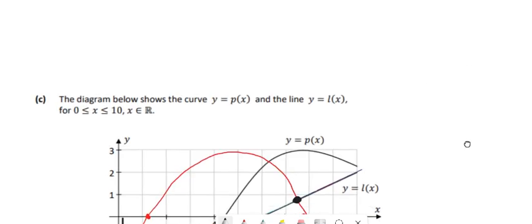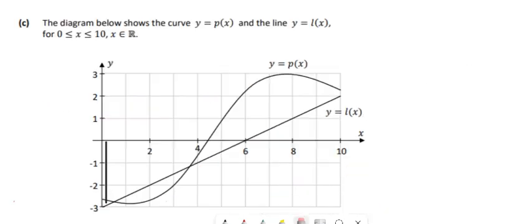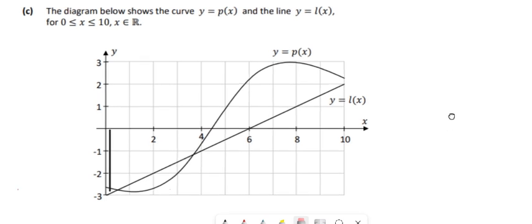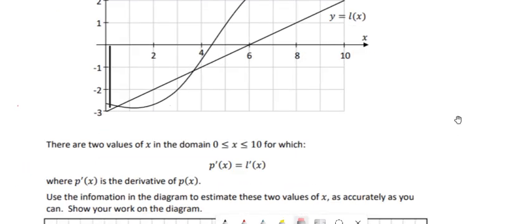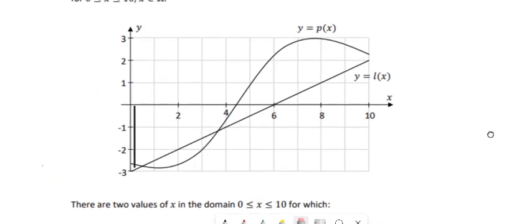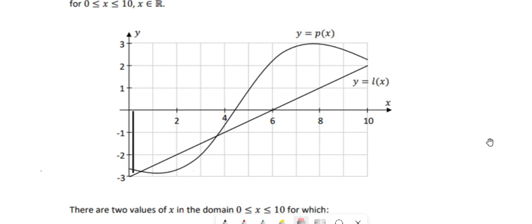Right, last part then. You could go and try and draw the graph of p dash x, but it's going to be difficult here. P dash x is the slope of the tangents of p of x.